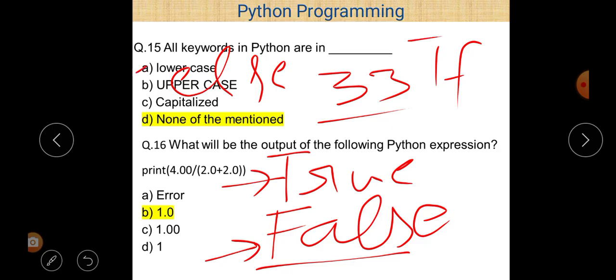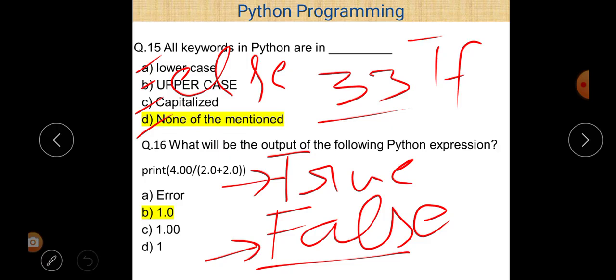So lowercase is not the correct answer, uppercase is not correct, capitalized is not correct, because some keywords are capitalized and some are lowercase. So the first three options are wrong, and only the fourth option, none of the mentioned, is correct. Keywords in Python are a combination of lowercase as well as capitalized letters.